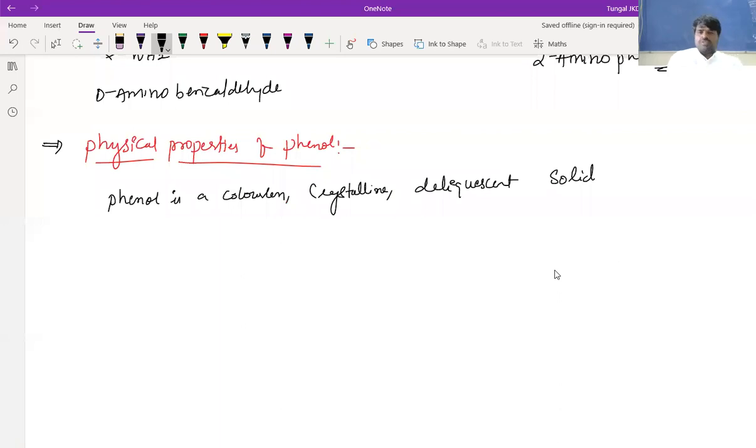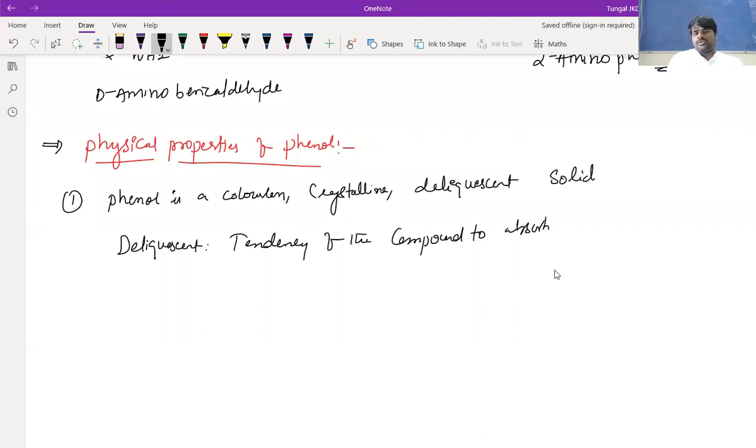What is meant by deliquescent? Deliquescent means the tendency of a compound to absorb moisture till it dissolves.